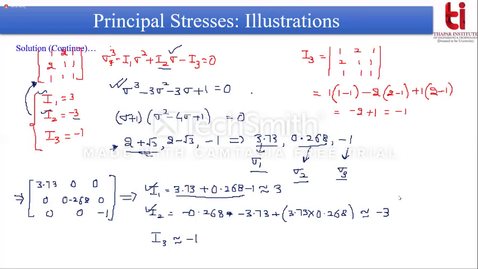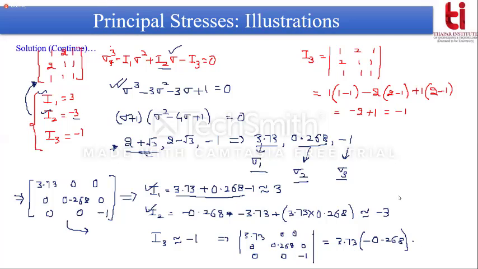I3 is nothing but the determinant of this, which is 3.73, 0, 0, 0, 0.268, 0, 0, 0, minus 1, which will come out to be 3.73 multiplied by minus 0.268, because minus 1 into this is 0.268 and the other terms are 0, because these are 0 and 0.